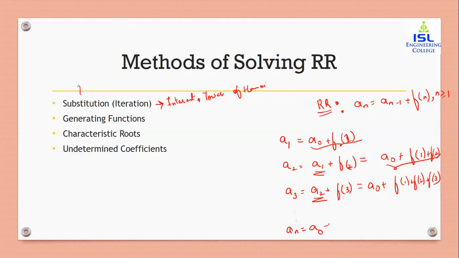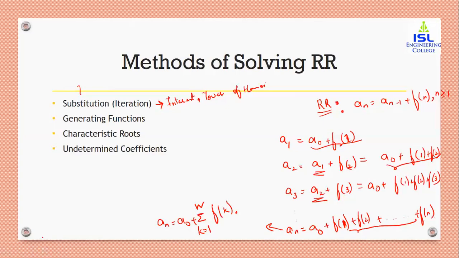So an will have a0 plus f of 1 plus f of 2 and so on, continuing till f of n. Now we can write the an equation as an is equal to a0 plus, can we write it in terms of sigma? Yes, that is possible. So from k is equal to 1 to n, f of k.